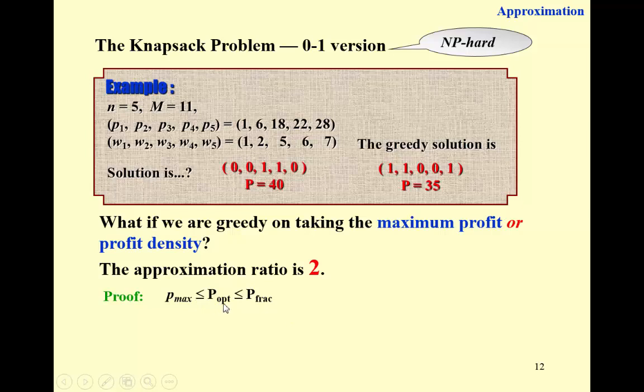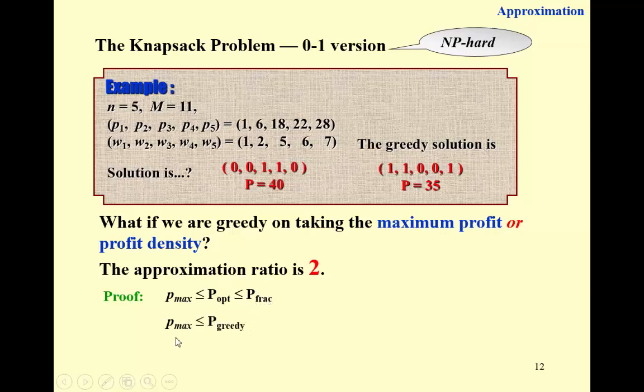And the optimal solution must be bounded above by the fractional solution. This is also clear because the fractional problem allows us to pack part of an item, right? If this optimal solution has some space left in the knapsack, we can fill it in by a fraction of some other item. So this is an upper bound, right?